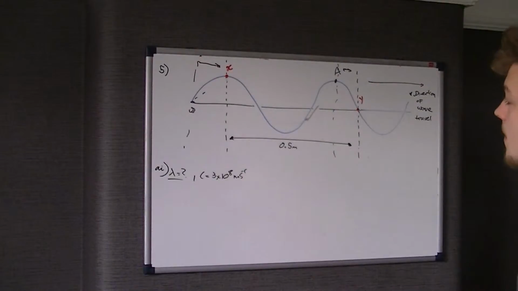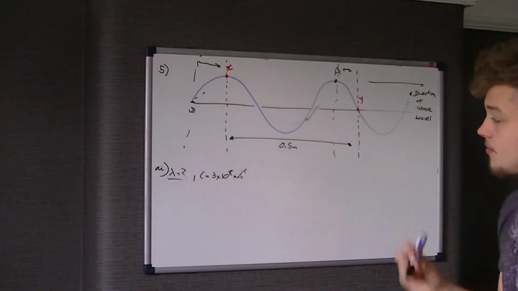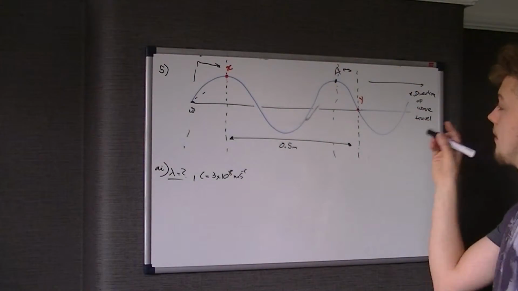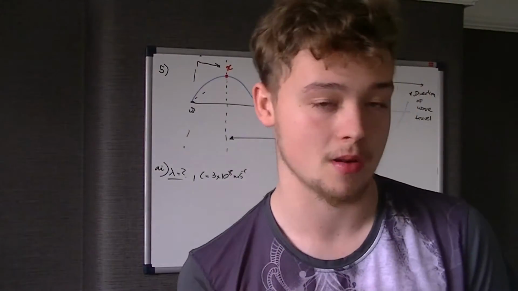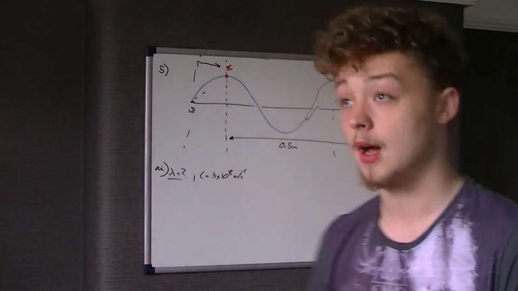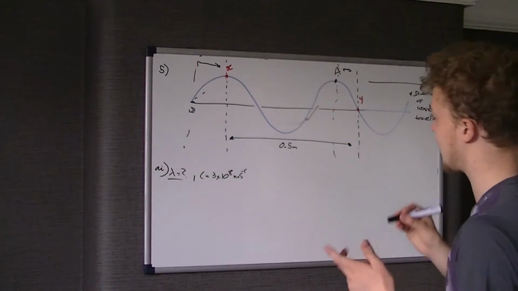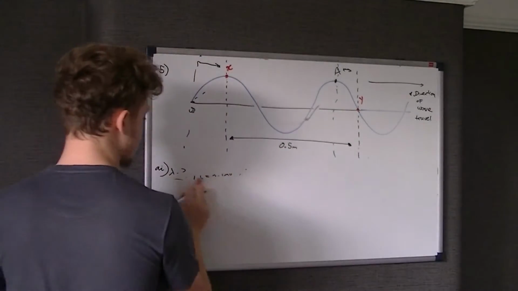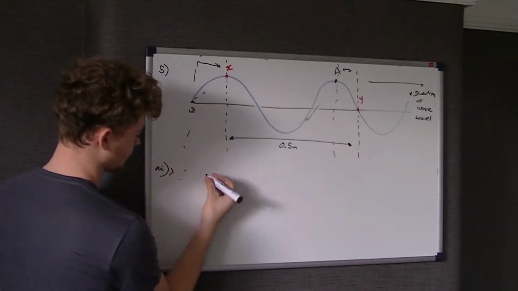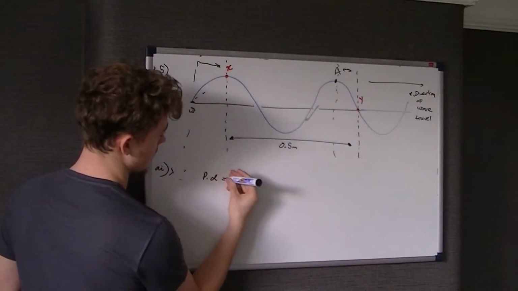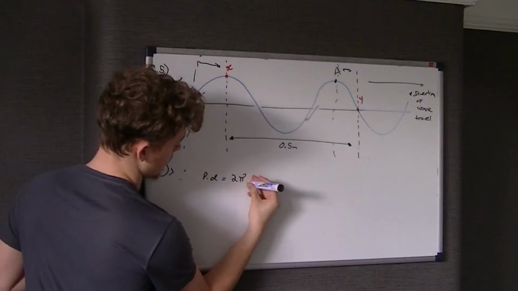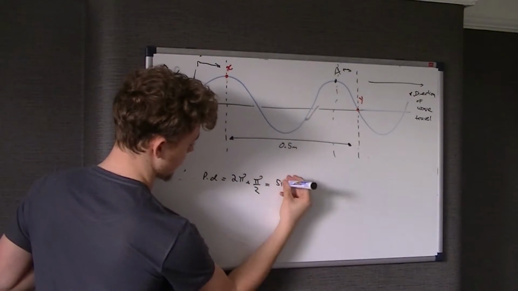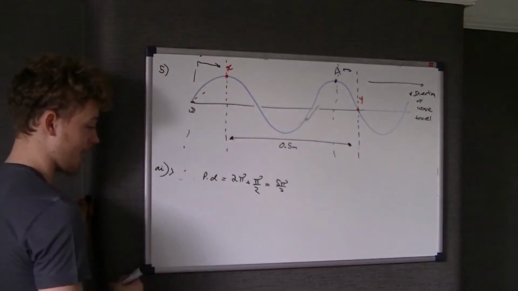So the phase difference between X and A was 2 pi radians, and the phase difference between A and Y is pi on 2. Therefore the phase difference between X and Y is 2 pi plus pi on 2, in other words 5 pi on 2, or 2.5 pi.